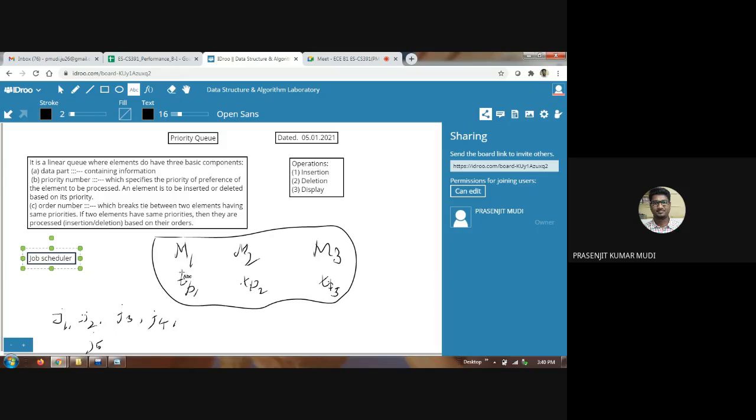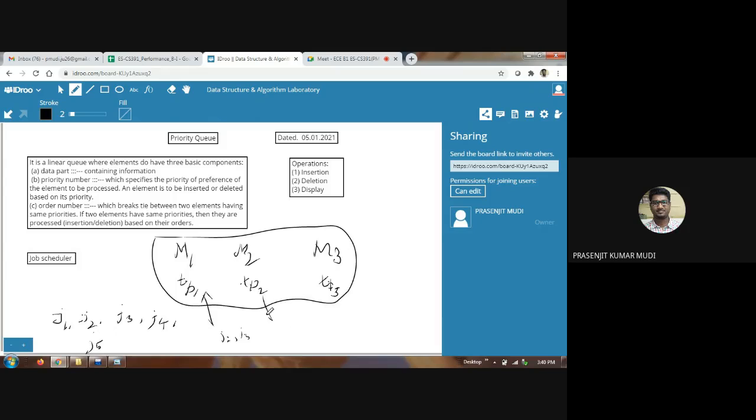Let's say the job scheduler assigns to machine 1 job number 2 and job number 3, based on their priorities and time to get finished.